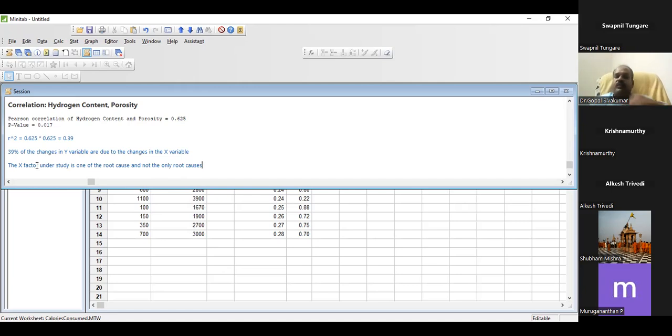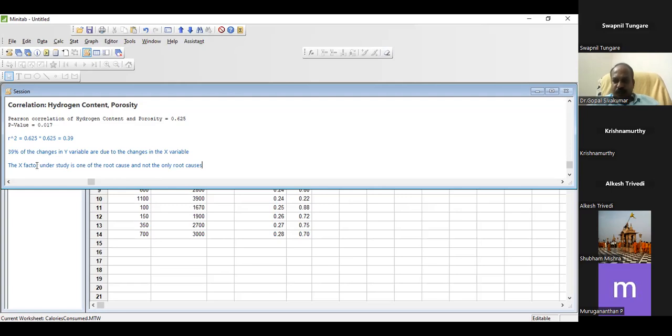Your people have failed to consider other factors, isn't it? Maybe in your fishbone analysis or brainstorming, somewhere it is lost. Either it is not listed in the list of X factors or it was not brought into the high impact, high control quadrant. Yes or no? Yes, sir.